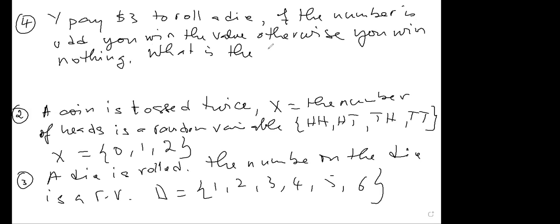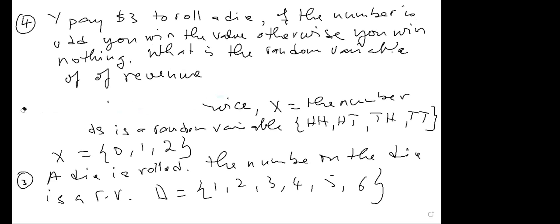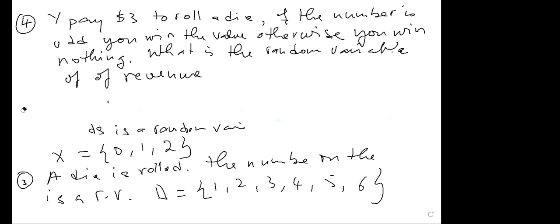What is the random variable of your revenue? Your revenue will be random because it will depend on the outcome of the die.